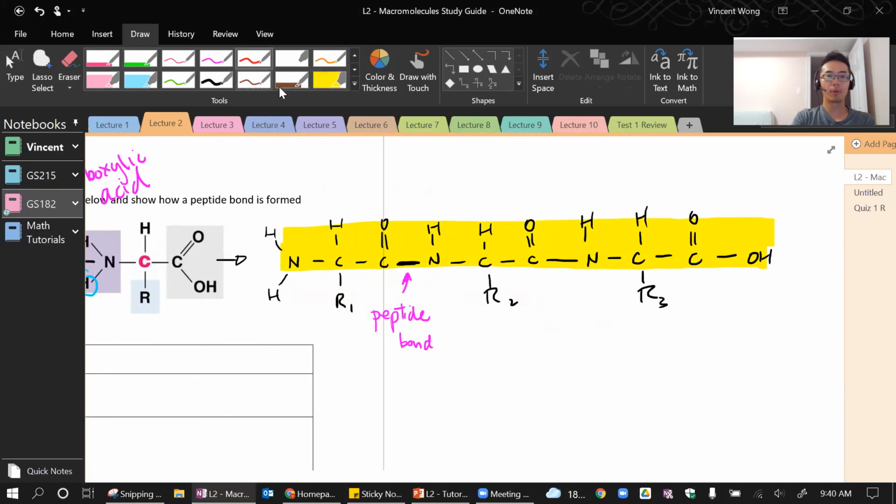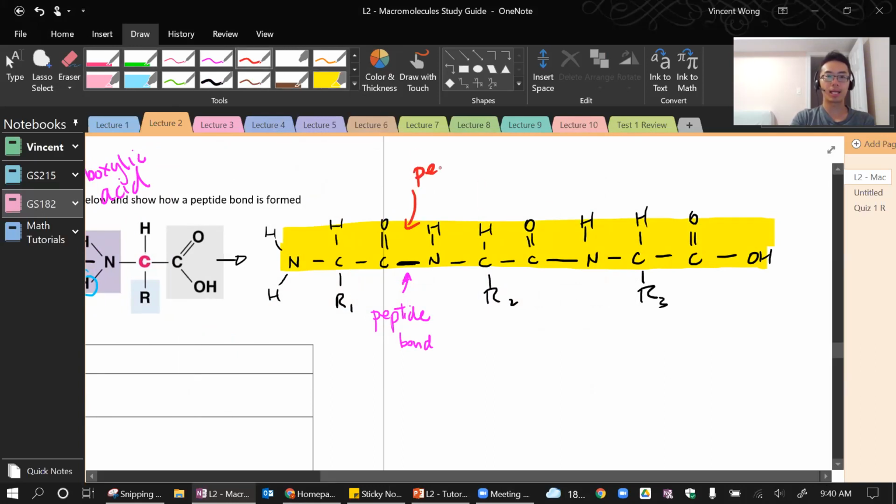This yellow part here is called a peptide backbone. It's just going to be the same thing over and over again for the entire protein. What differs is the side chain. These are the different side chains.